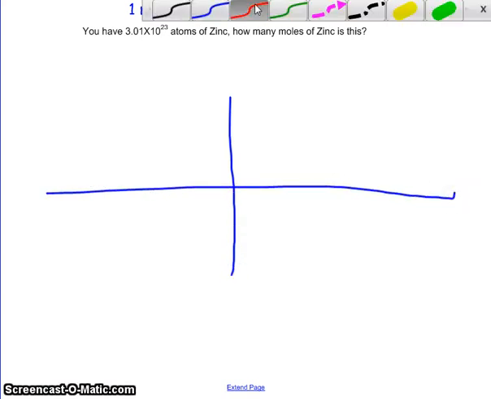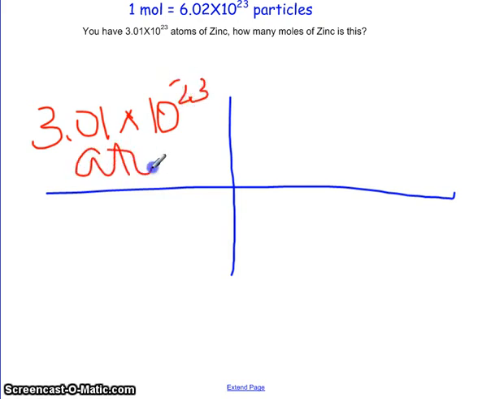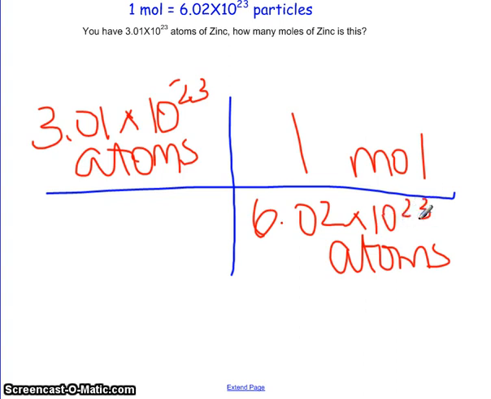Our given is 3.01 times 10 to the 23rd atoms. Since we have atoms, we need atoms here and mole on top. 1 mole, of course, is 6.02 times 10 to the 23rd atoms.